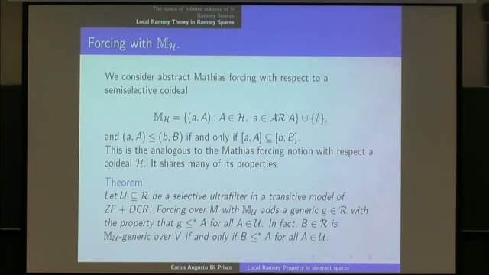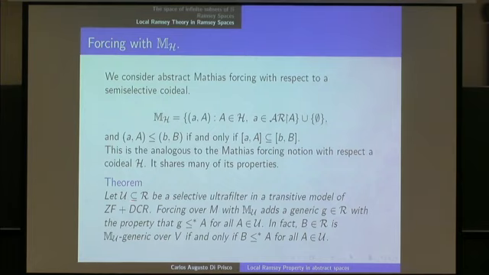And for example, we have that if U is a selective ultrafilter in a transitive model of ZF and DC or DC of R, then forcing over this model with M sub U adds a generic real with the property that it's almost contained in any element of the original ultrafilter.